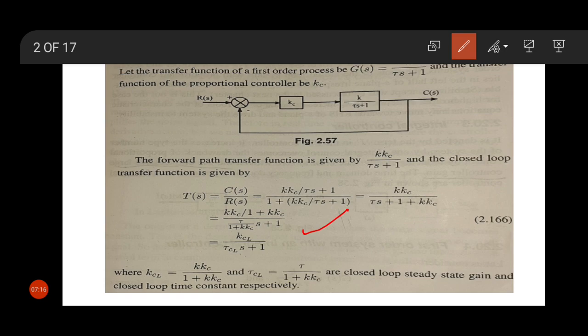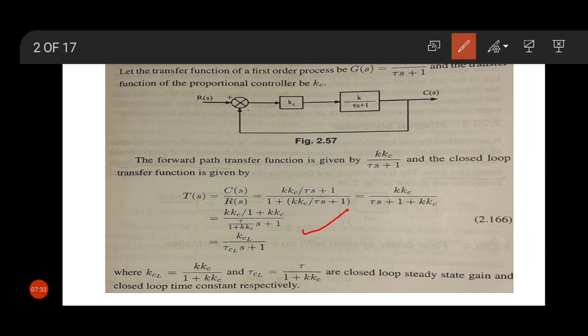These are the closed loop steady state gain and closed loop time constant respectively. That means Kcl and tau cl are the closed loop steady state gain and closed loop time constant respectively.